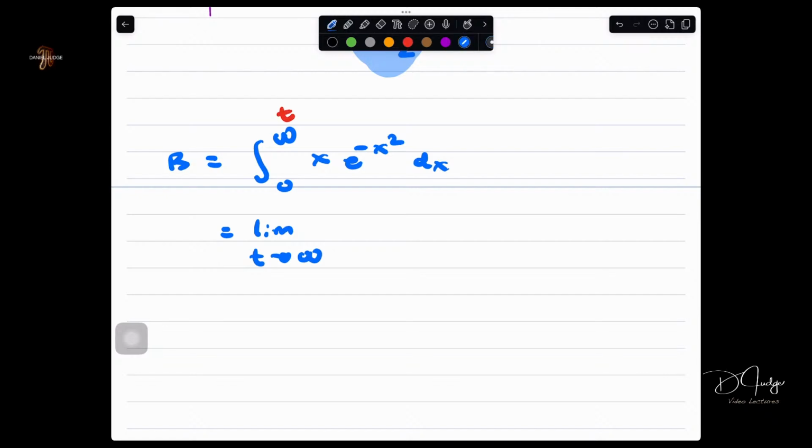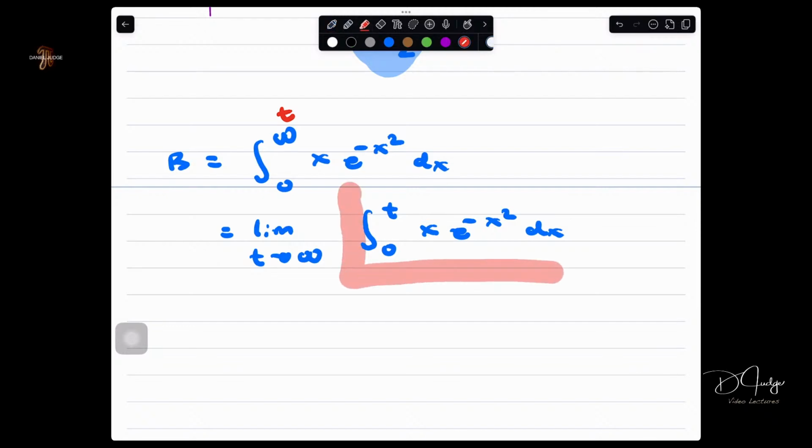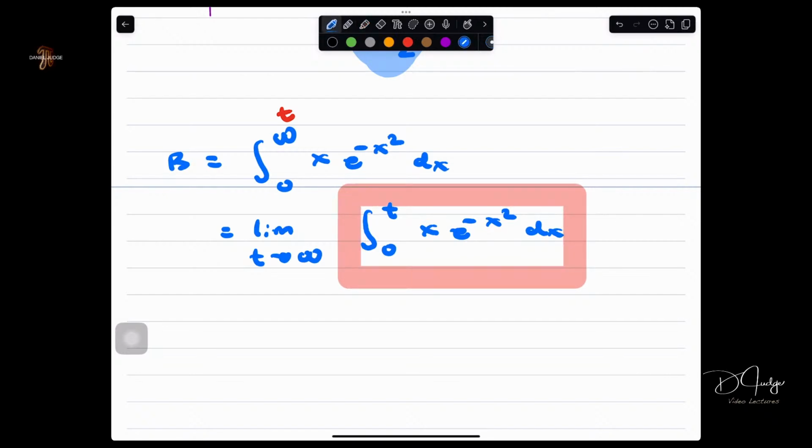So the limit as t goes to infinity, we integrate from 0 to t of x e to the minus x squared dx. Now, what I started to say essentially is here we would do u-sub. It's the same function we're integrating, but different limits. So by u-sub, we already know what that was because we've integrated this.